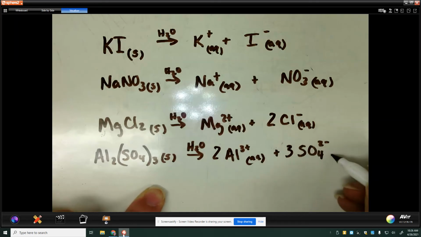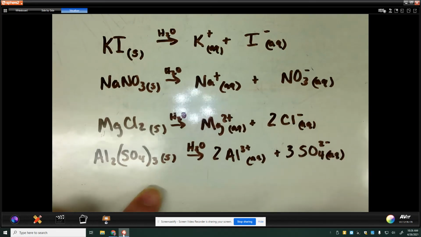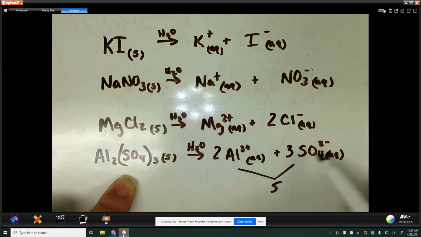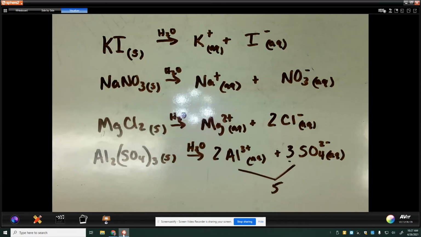So for aluminum sulfate, for every 1 piece I put in, I get 5 pieces floating around in solution, 2 aluminums and 3 sulfates. All right, so those are dissociation reactions or ionization reactions, just showing how these are going to interact with water in order to ionize.